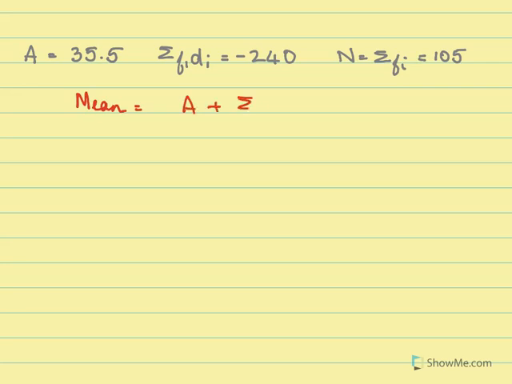So we assumed our mean is 35.5. Sigma fi di turned out to be minus 240, and the total observations n, which is also sigma fi, turned out to be 105. Now the formula for mean: a, assumed mean, plus sigma fi di over number of observations. We'll put our values here.